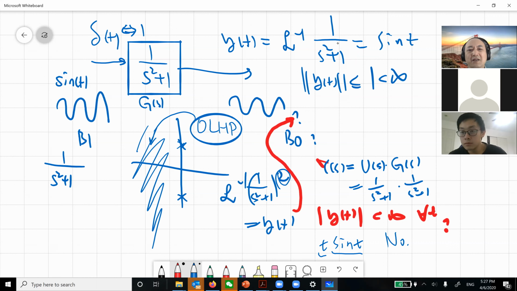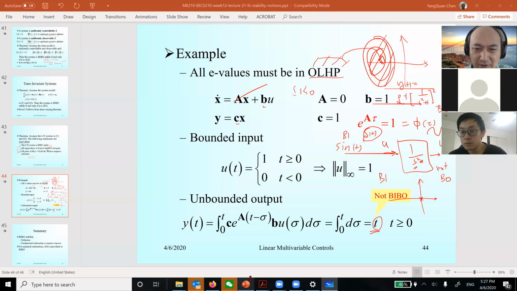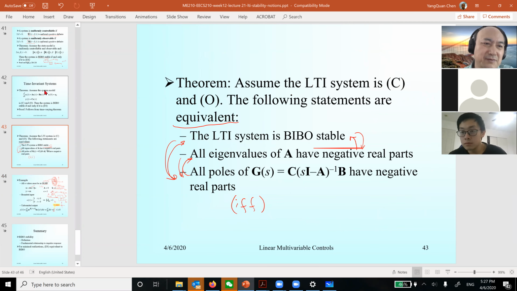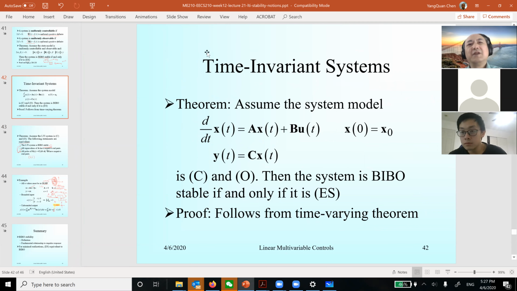So that's for the LTI system. Let me review what we have here. Review for the LTI system like this.